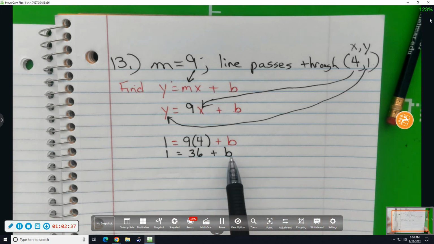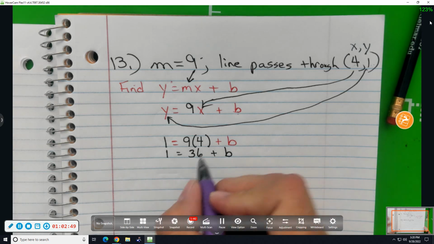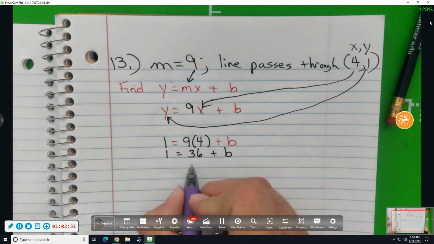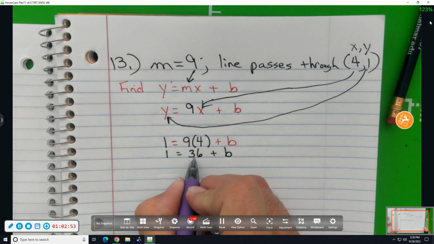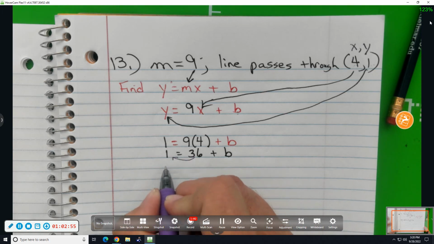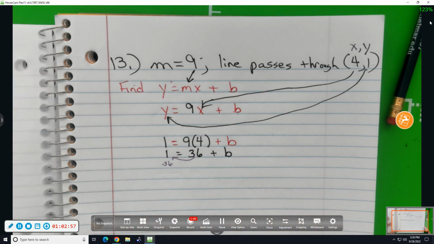What do I need to do to get the b by itself now? I want to solve for b, so what will I do? I think they have their minds on the weekend. Then I'll just answer it for them. To solve for b, you would move the 36 over by subtracting 36.